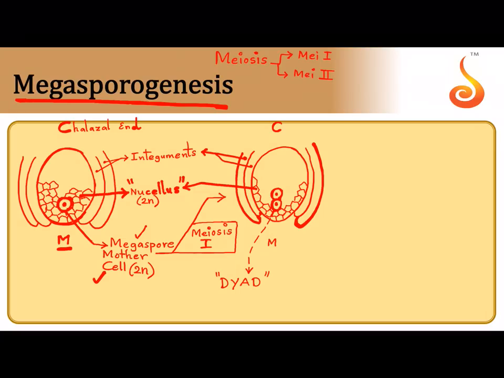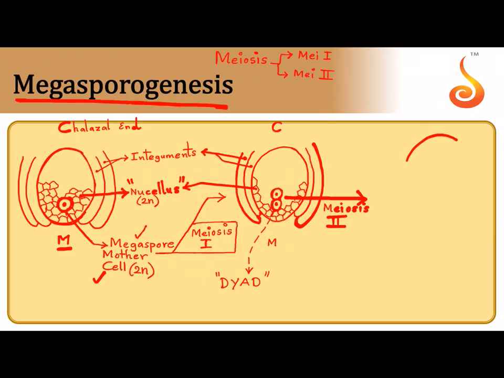Okay, now this is not the end of meiosis, because please remember both of these cells are now going to participate in meiosis 2. Remember meiosis happens in 1 and 2 stages, isn't it?